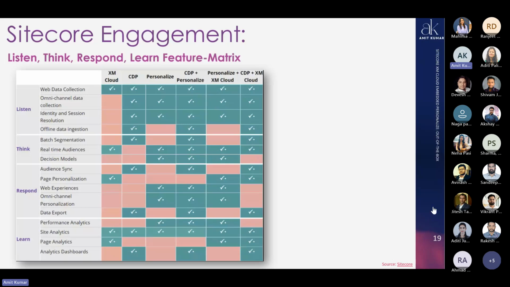So you can come to this specific slide and identify, based on listen, think, respond, and learn, which combination of products will be helpful for you, and on that basis you can go ahead and buy the licenses. So this matrix will be very helpful to decide which specific product you need to select for the digital experience of your application. Yes, over to you, Sanjay.